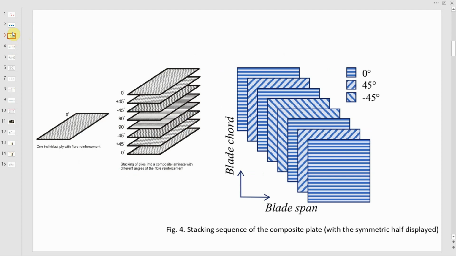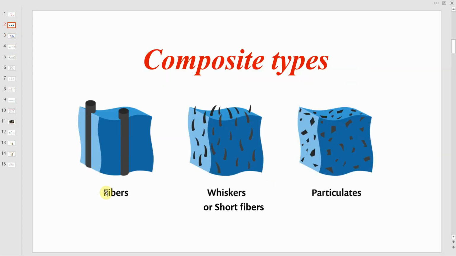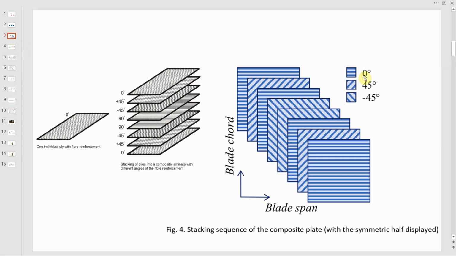In this video, I wanted to talk about the first group and model a composite classified in this group. This kind of composite can be made of just one ply or of multiple plies. The first is called lamina and the second is called laminate.